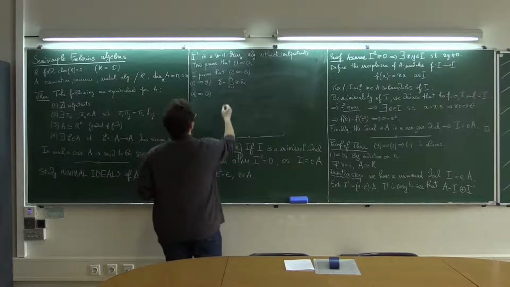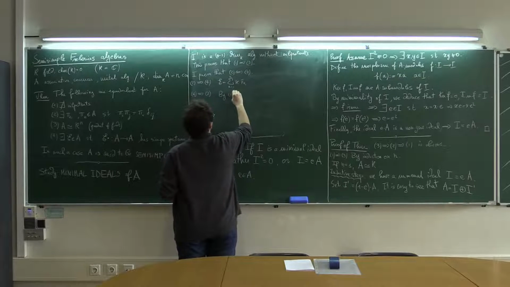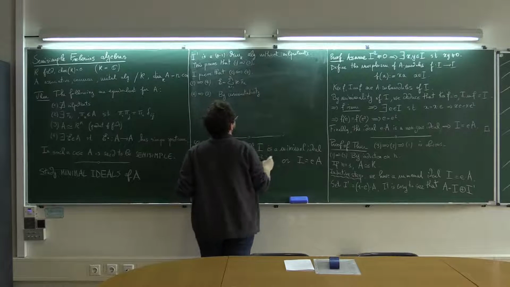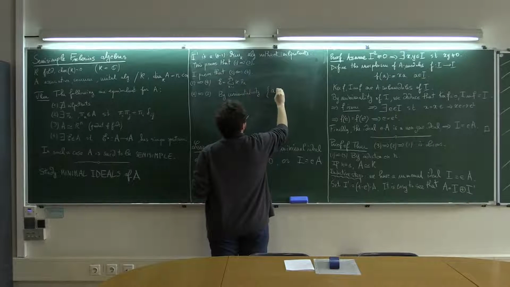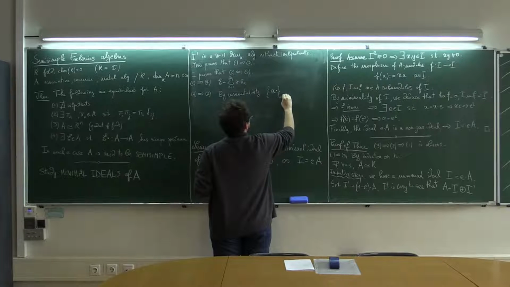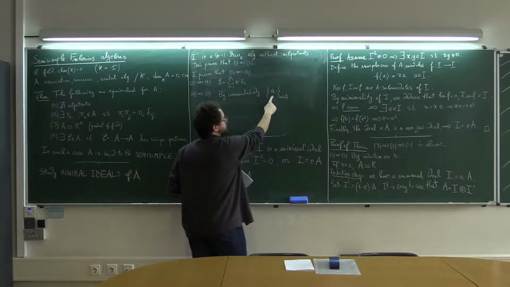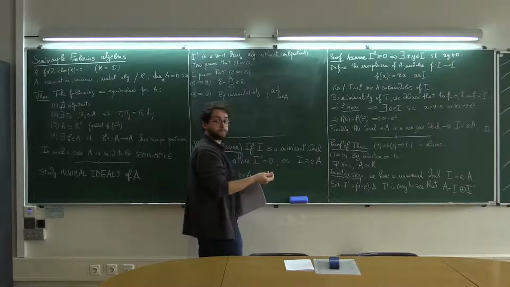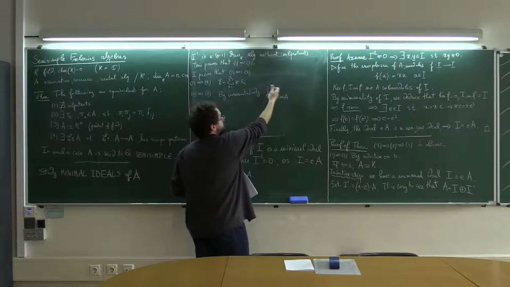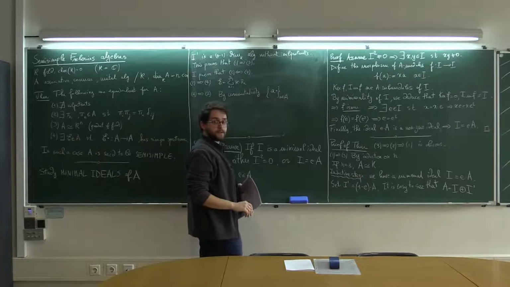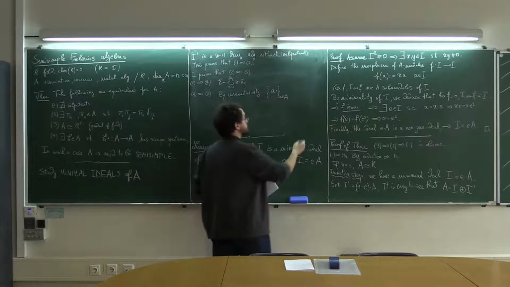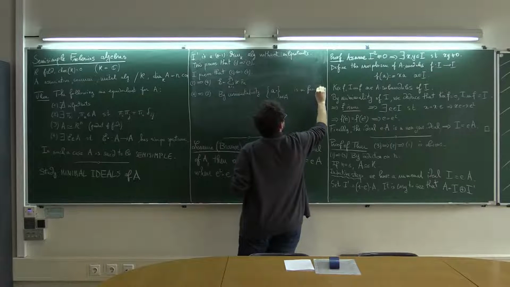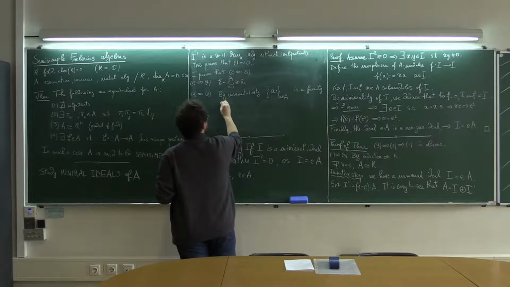By commutativity, it's straightforward to see that if we consider this family of operators, the operators of multiplication by elements of A, then by commutativity this family is a family of commuting operators.